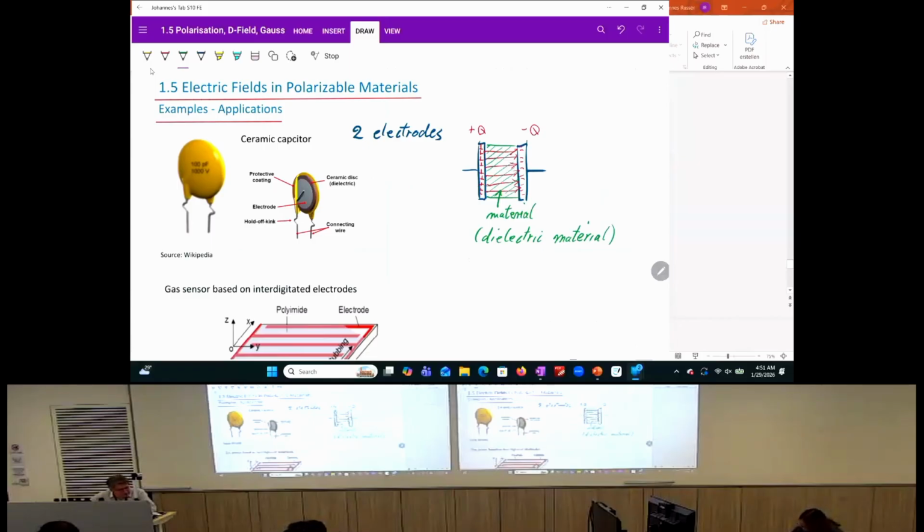So if you select your material well, then you can store more energy in the same volume of the capacitor. That would be an example of why we are interested in the polarizability of materials. It can enhance the capacitor's capability to store charge and energy.